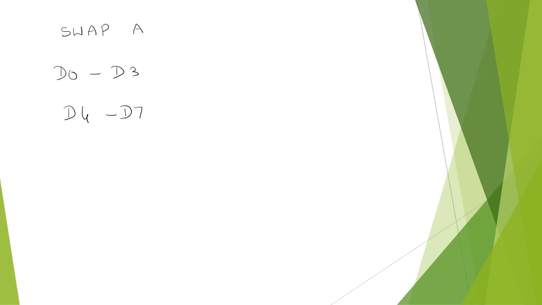So suppose we have the accumulator content as 59H, then after the swap operation the content in the accumulator will be 95H. So the lower 4 bits will be swapped with the upper 4 bits.